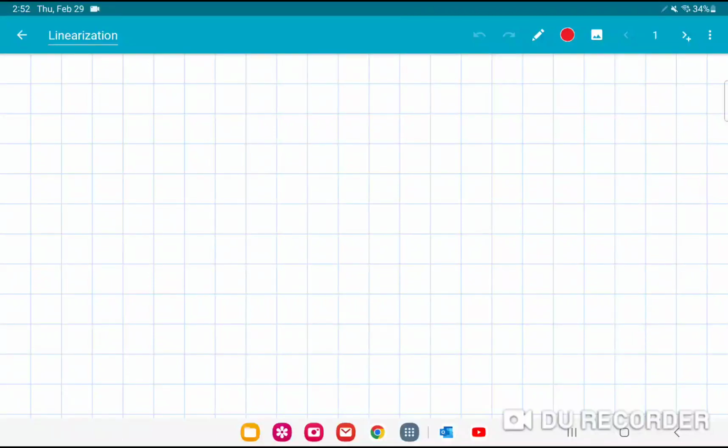Hello. I will be doing a few examples on this new topic, linearization, today. This is section 3.10, chapter 3 of your textbook.